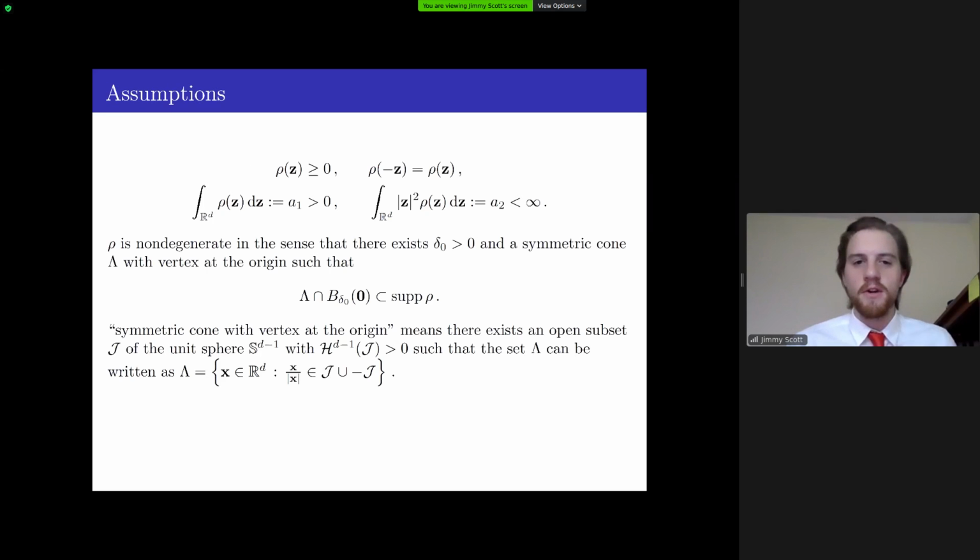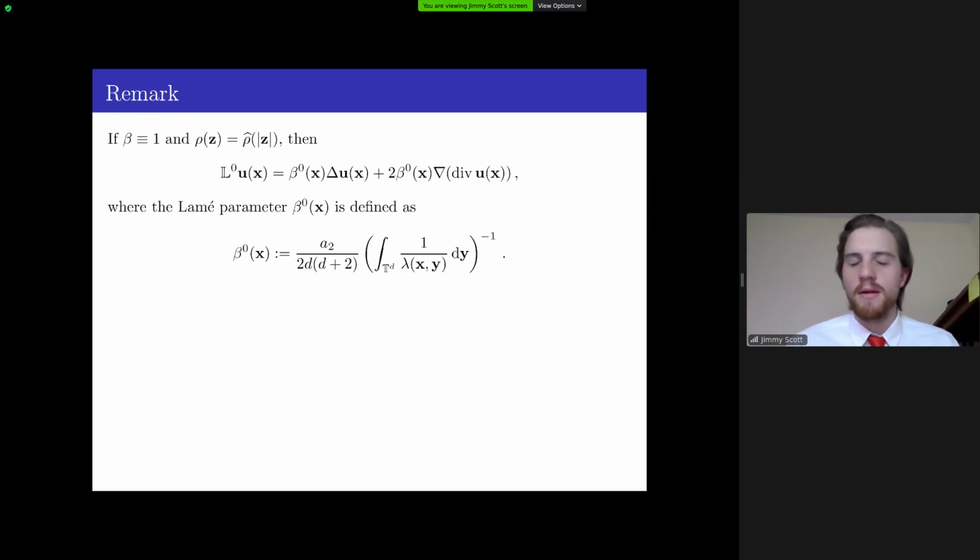So there's a very general set of influence functions that one can consider, and you'll still get a similar result. Okay, I should say also that in the absence of the inhomogeneities, we recover results that already exist in the literature.